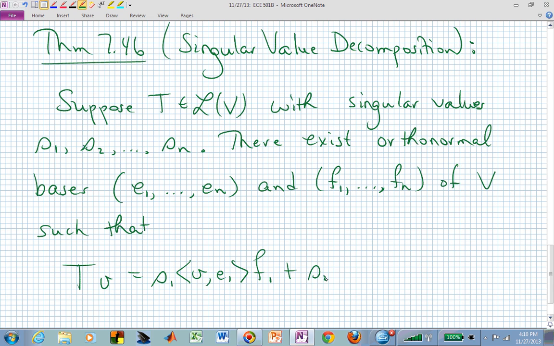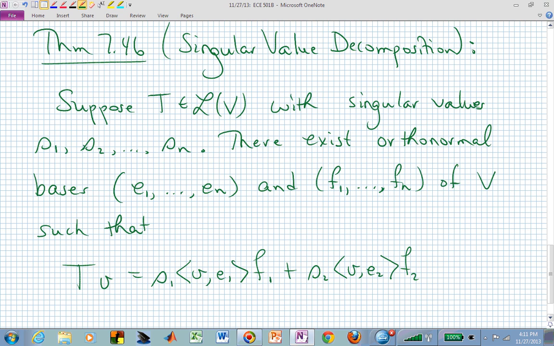plus S sub 2 times the inner product of the vector V, any vector V, with E2, and that now tells us how V is aligned with these different E's, these different orthonormal basis vectors, and then we basically remap that through another basis vector. This S1 times the inner product of V and E1, that's simply a scalar.